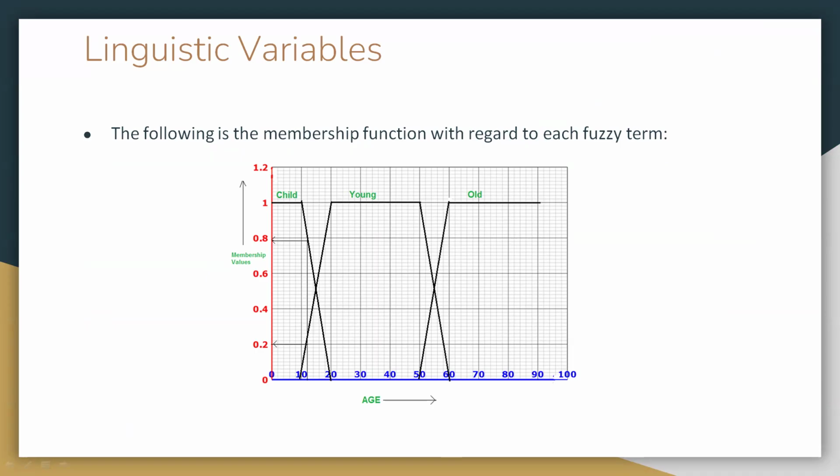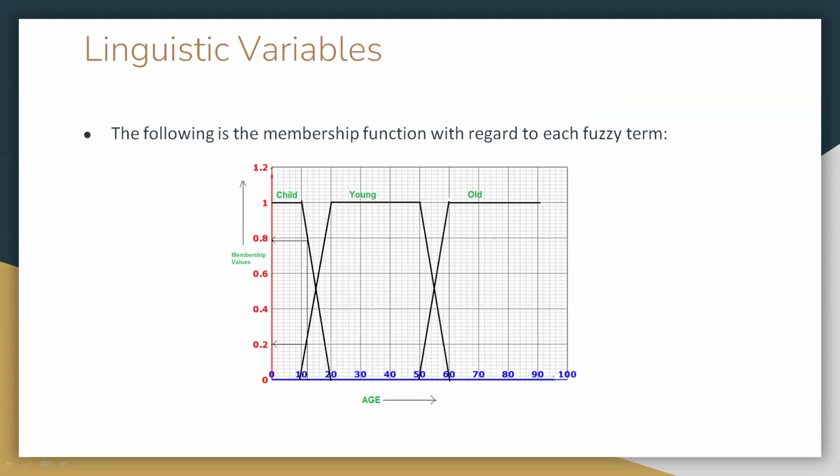The age on the x-axis goes from 0 to 100, and on the y-axis you have the membership values of each term, varying in the range of 0 to 1. These membership functions can then be used to identify whether the person is a child, a young person, or an elderly person. Each of the fuzzy terms, child, young, and old, is described by its membership values using this graph.